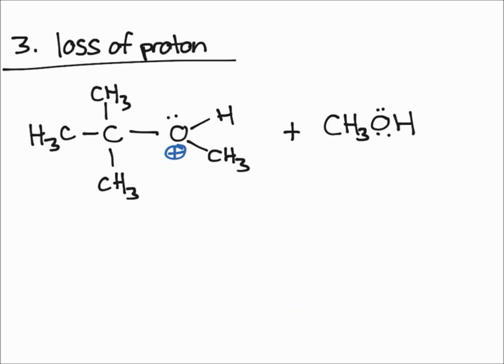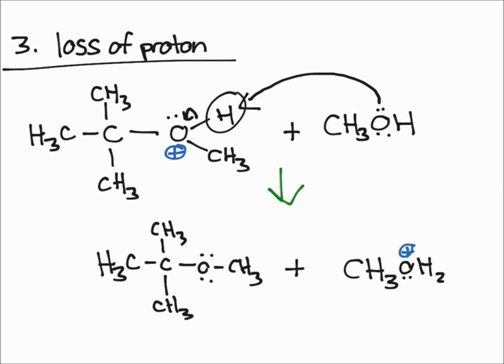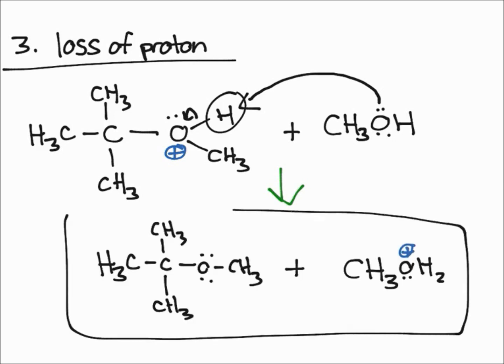The final step in an Sn1 mechanism is the loss of that proton. And so what's going to happen is this oxygen, once again, is going to come in and attack that proton. And then the electrons from that bond then move onto that oxygen. And your products would be down here. And so those are your products for that reaction.